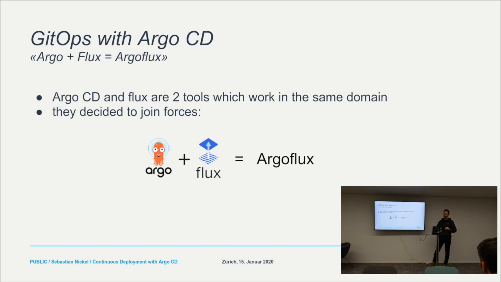I just read the blog article and they say the feature I told you before, that I can monitor an image version, might come to Argo CD. Argo CD, I think, has way more features, so I think the final product might look a bit more like Argo CD than Flux.